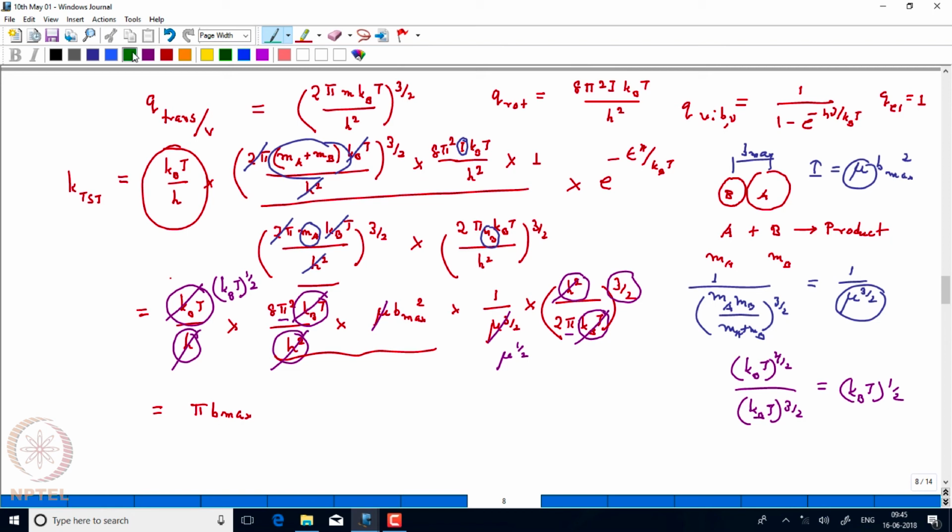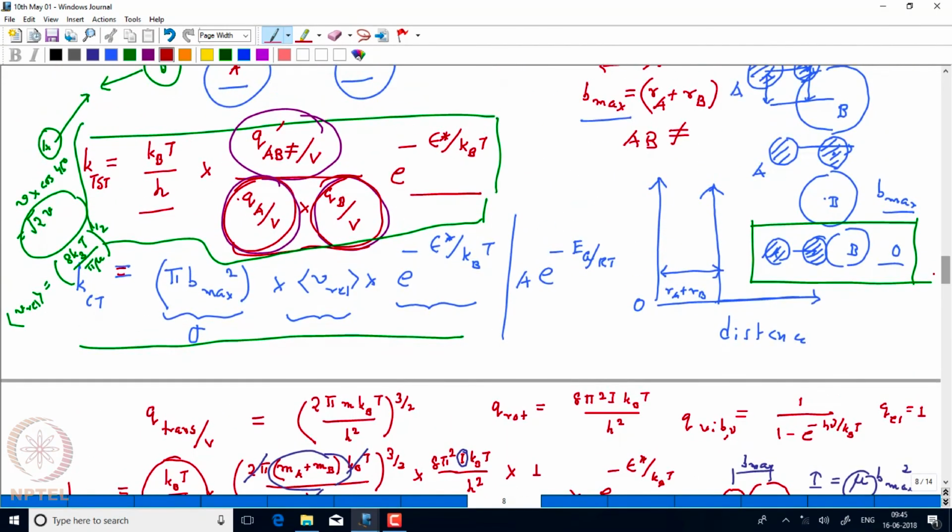So I'm basically writing this pi squared as pi into pi, and that one pi I'm associating with this Bmax. So basically I have pi Bmax squared, because I'll show the equivalence of the transition state theory and the collision theory expression, and I have a pi Bmax squared here, as you can see.